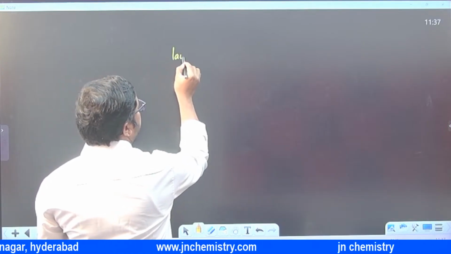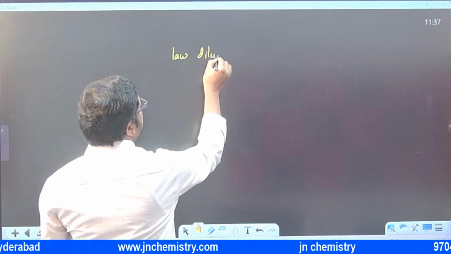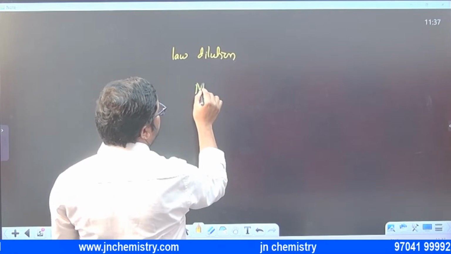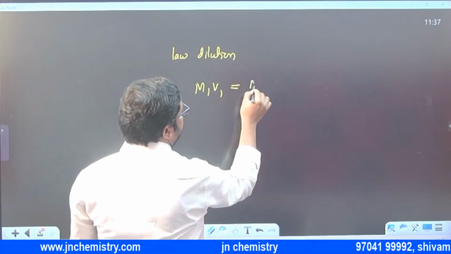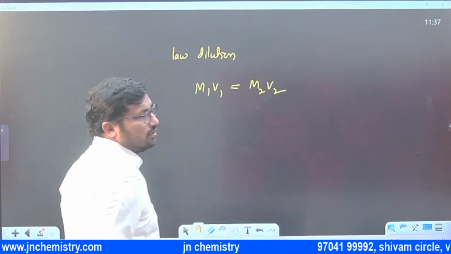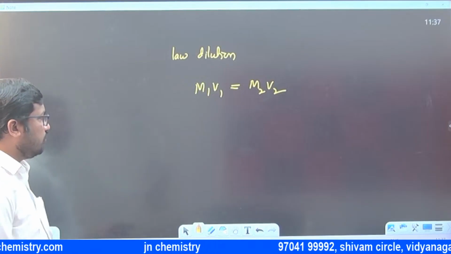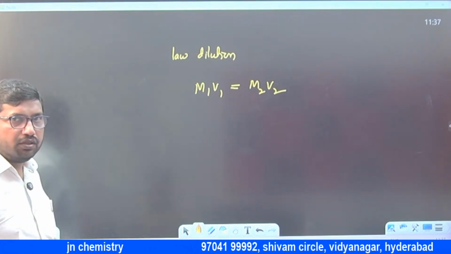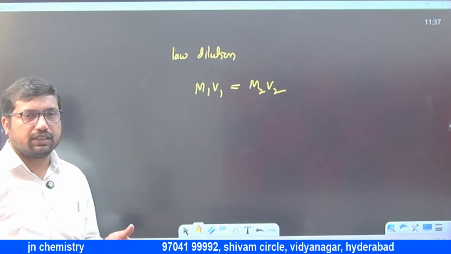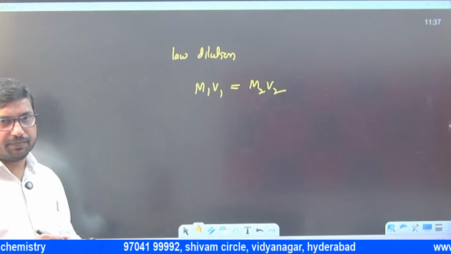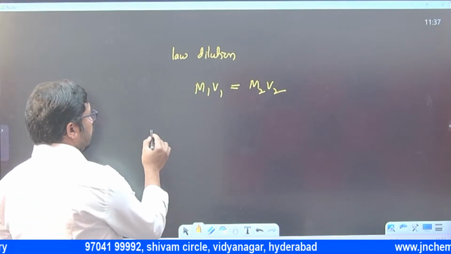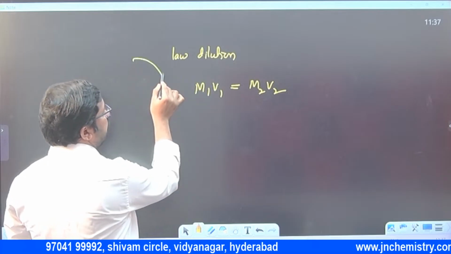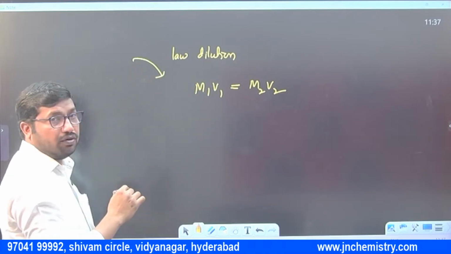Law of dilution: M1 V1 is equal to M2 V2. For example, if you are mixing two samples of the same solution with different concentrations and different volumes, the law of dilution means adding water.